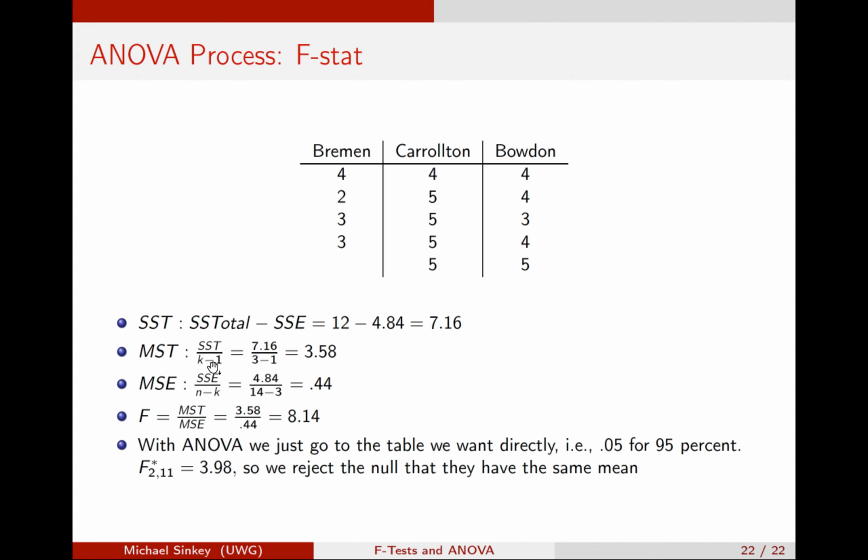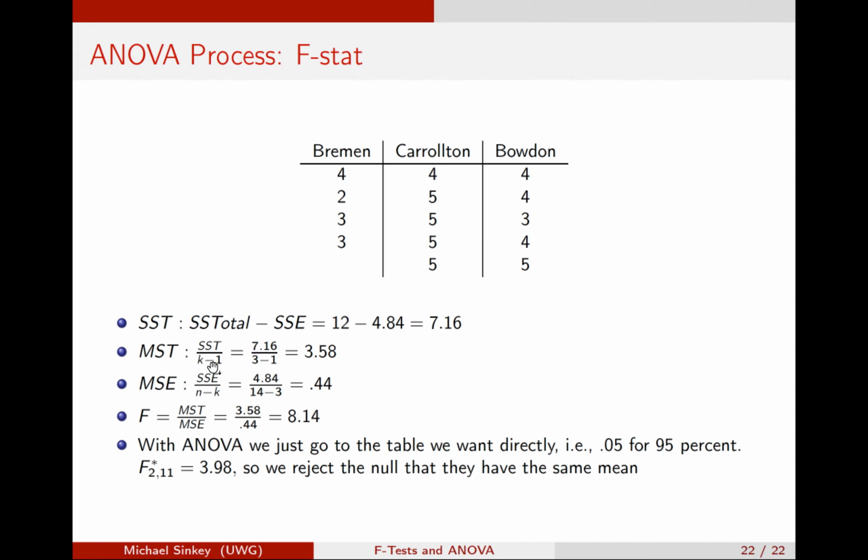So this is ANOVA within Excel. Give myself a little bit of room to type. Let's go up. I have Bremen. I have Carrollton. I have Bowden. Here are my data for 2, 3, and 3. For Carrollton, I had 4 and a bunch of 5s.